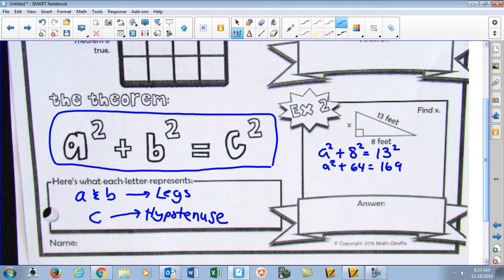So I have to take 64 and move it. How am I going to move 64 across the equal sign? Kelly. Subtract it. You have to do its opposite, to both sides. So when I subtract that across, I get a squared equals 105.